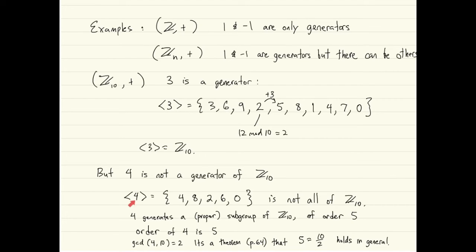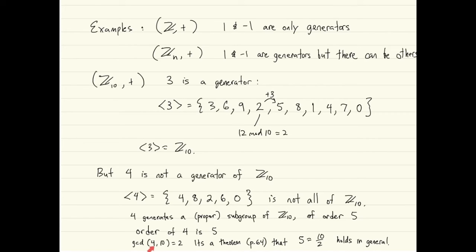And so what we see is that this element 4 generates a proper subgroup of Z10 of order 5. Remember, the order of a subgroup is the number of elements it has. And the order of an element is the smallest multiple in this case, or power in general, that gives you back the identity. So we have to add 5 copies of 4 to get back to 0.